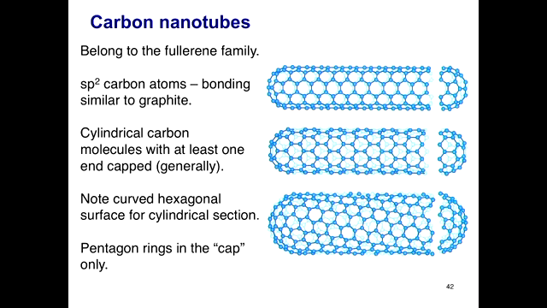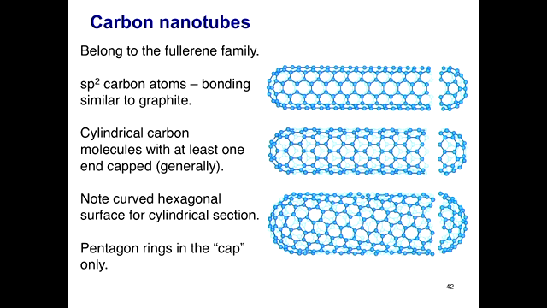So again, sp2 hybridised carbons, trigonal carbons here, and we have just hexagons in that cylindrical tube. Now if we get near the end, we actually get some 5-membered rings. See that one there? That enables the tube to curve around and close off at the end.